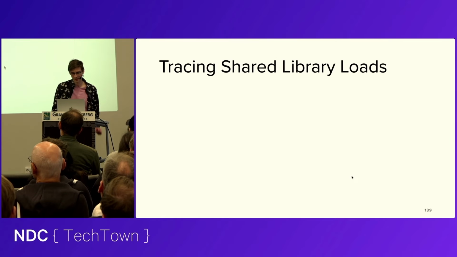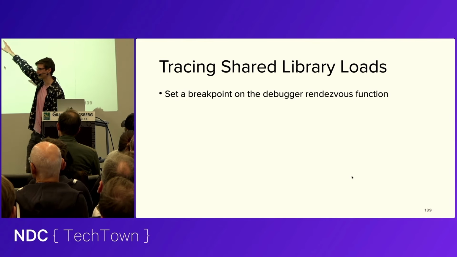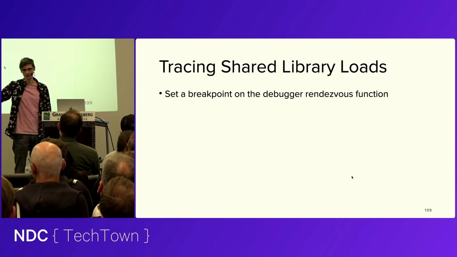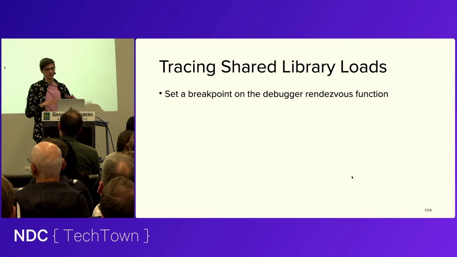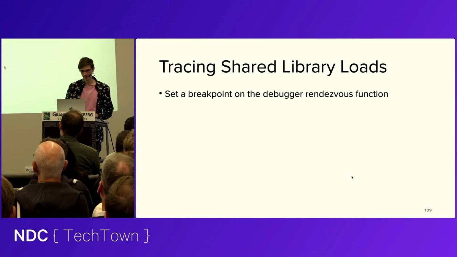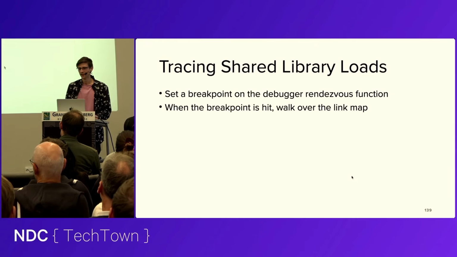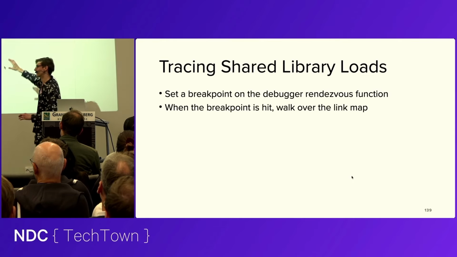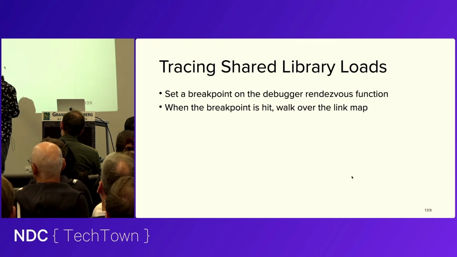So what we do is our debugger will set a breakpoint on the debugger rendezvous function. Again, internal breakpoints used for implementing higher level constructs. And whenever it's hit, then we know, oh hey, there's been some updates to the link map. We can go parse it.